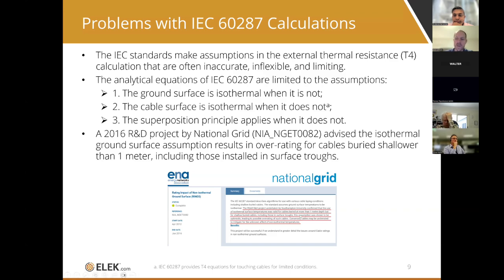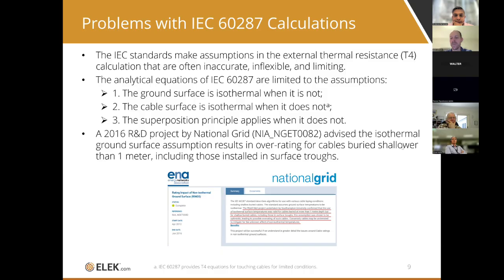There are recent case studies on, not even that recent, but it's been well known for some time that the IEC 60287 calculations have these limitations and can result in inaccurate cable ampacity calculations because of these assumptions. There was a relatively recent study, an R&D project by National Grid in the United Kingdom, that advised that this assumption of isothermal ground surface results in overrating. So, in other words, the IEC 60287 calculations are optimistic about cable ampacity.